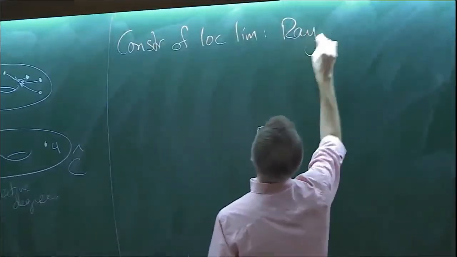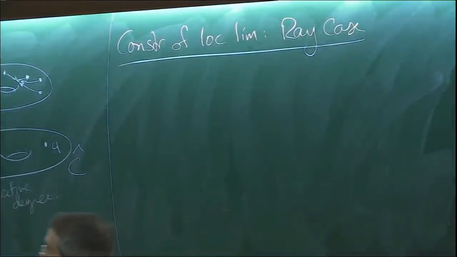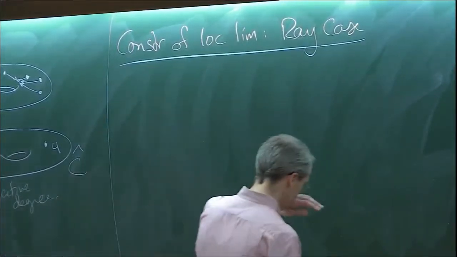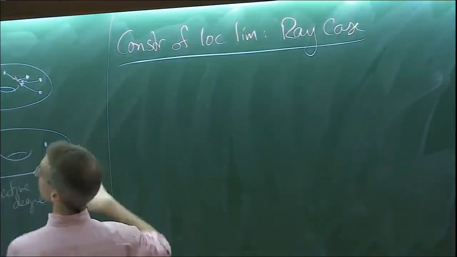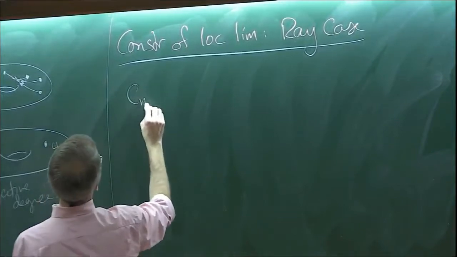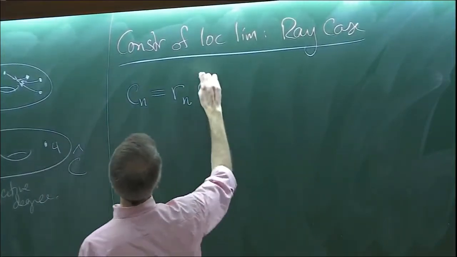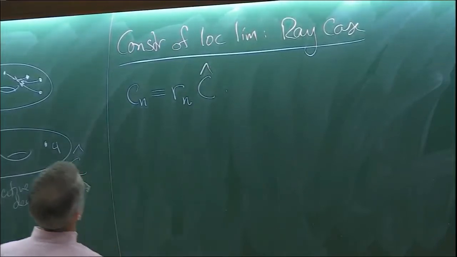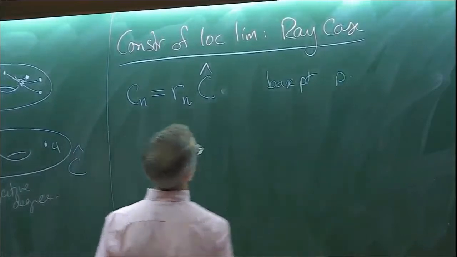Well, let me tell you in the ray case first, where it's going to recover this claim that I made before, that it's just z to the d dz cubed. Here's the idea. Recall we're in the ray case, so Cn is some multiple Rn of C hat. And we have a base point P that we fixed.